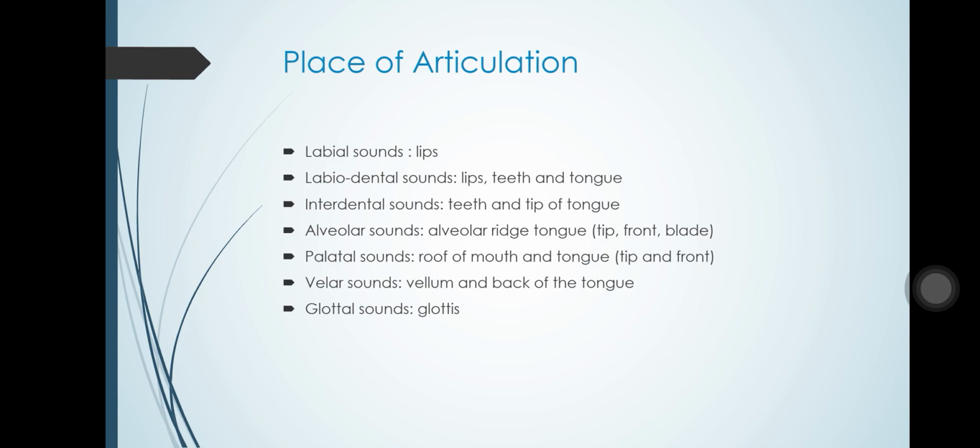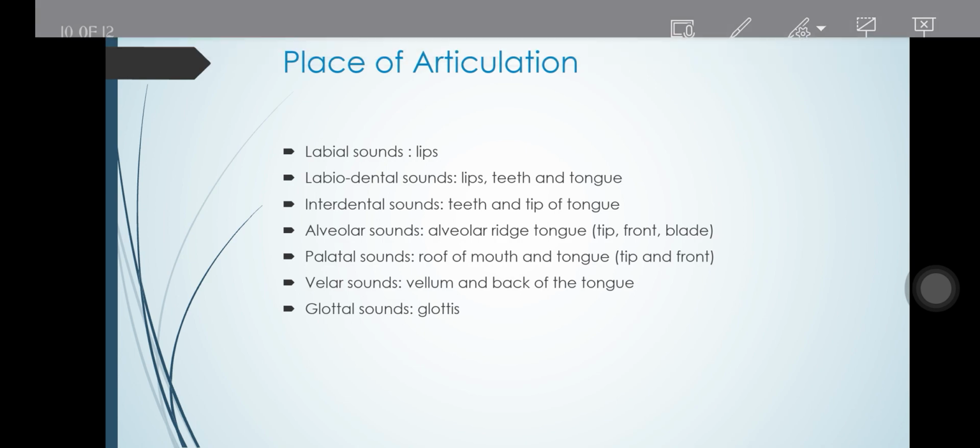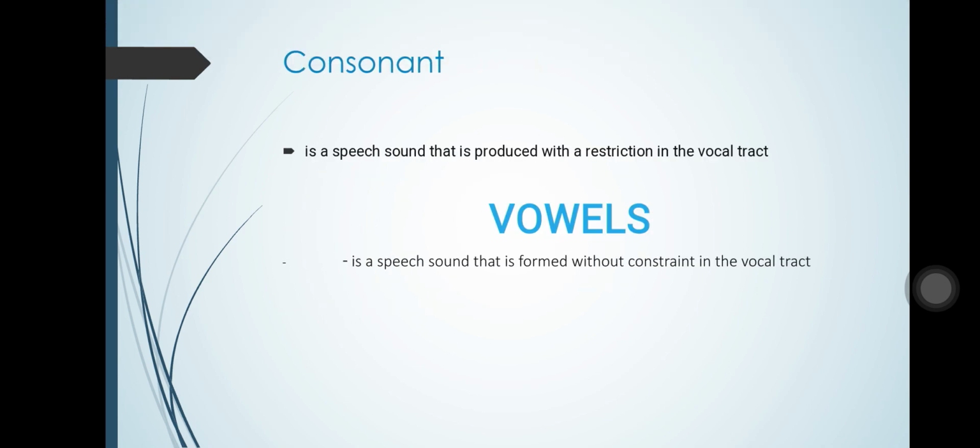So let's proceed to vowels and consonants. A consonant is a speech sound that is produced with a restriction in the vocal tract, and a vowel is a speech sound that is formed without constraint in the vocal tract.